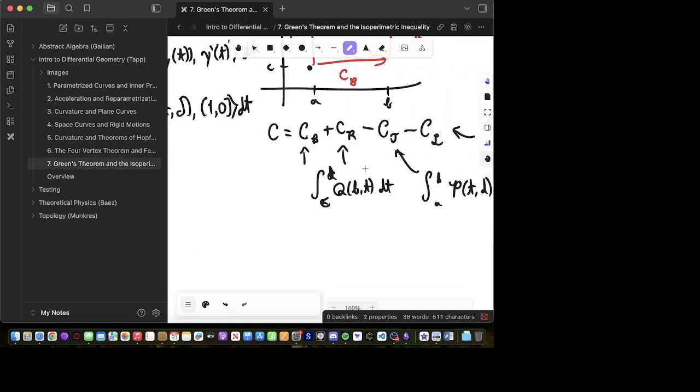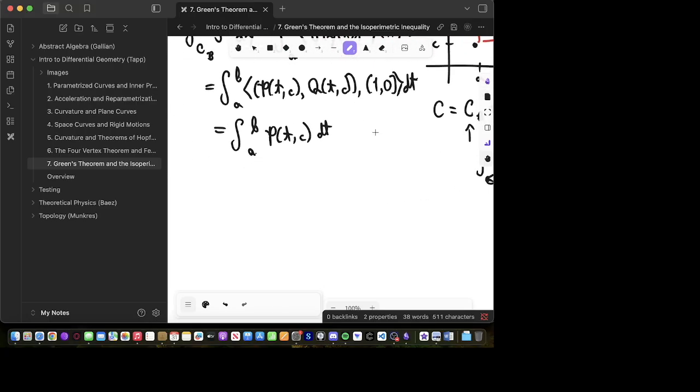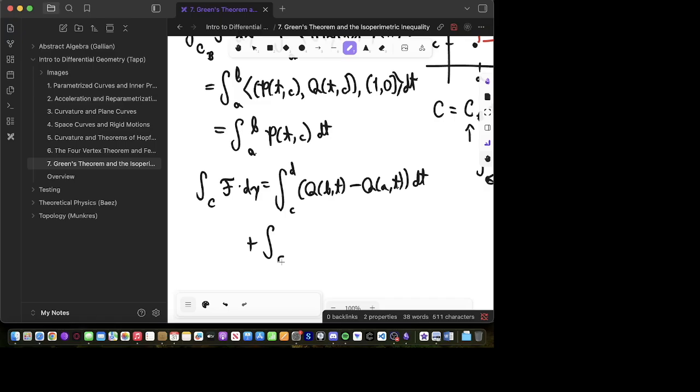So if we combine all these, and don't forget the negative signs for them, we get that the total integral along the curve is equal to this plus this.